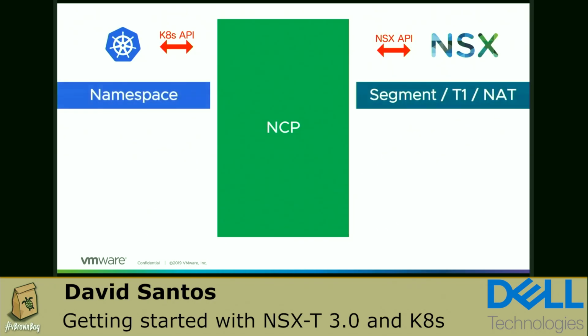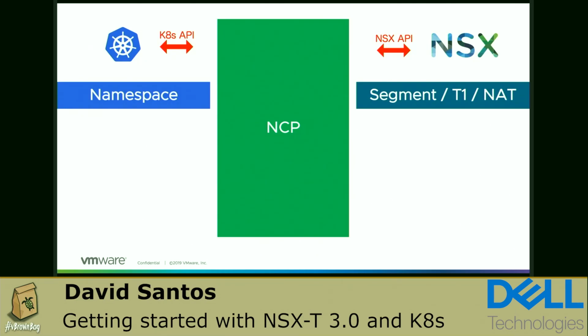So in Kubernetes, we have namespaces. When NCP figures out that there is a new namespace in Kubernetes, it will tell NSX that a new namespace was created, and NSX will automatically create a segment to host that namespace, and also all the routing that's needed using a T1 gateway.